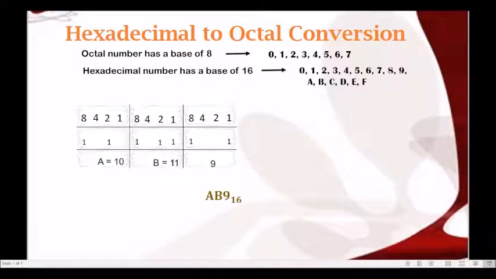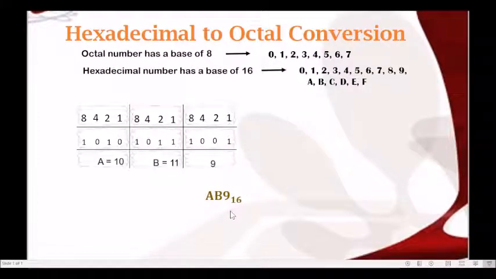So we put 0 under 2 and under 4. For the next group, we put 0 under 4. And for the last group, we put 0 under 1 and under 4. So this is now our converted binary number given this hexadecimal number.